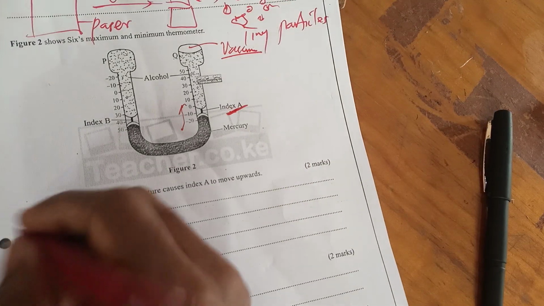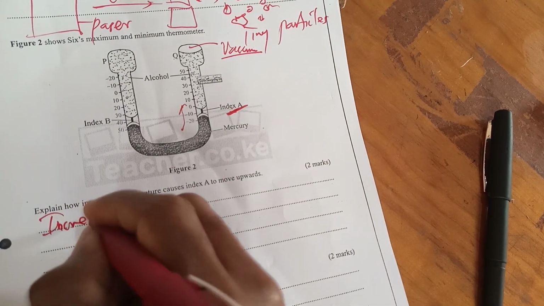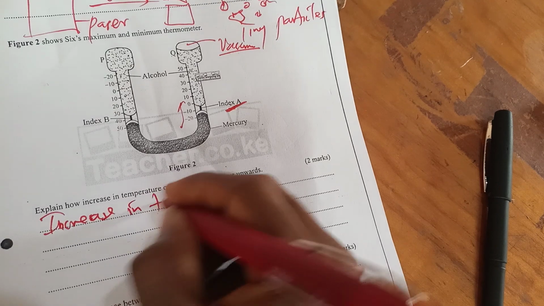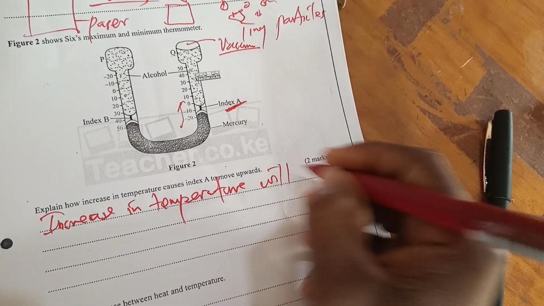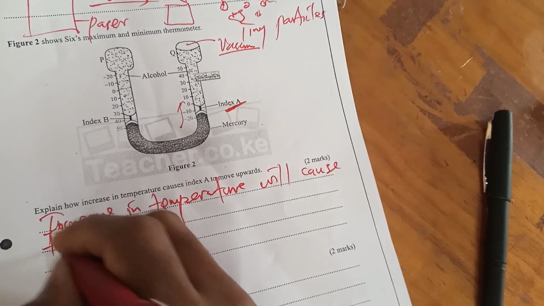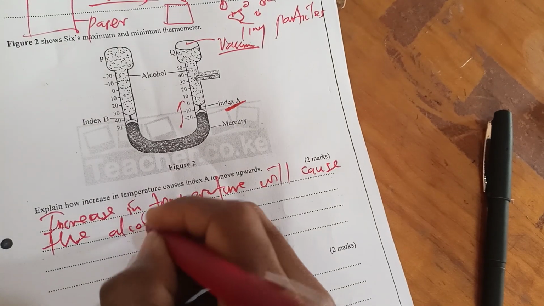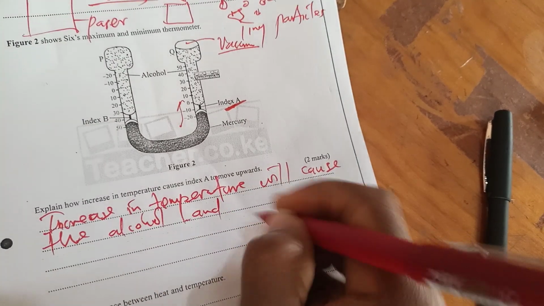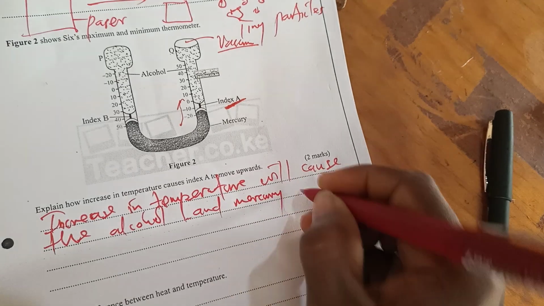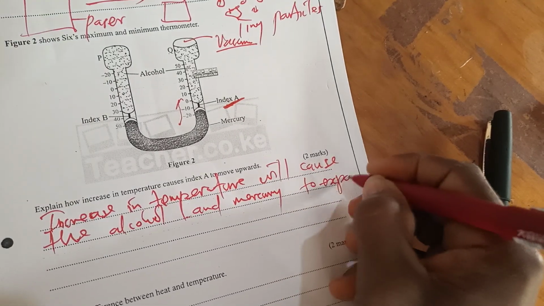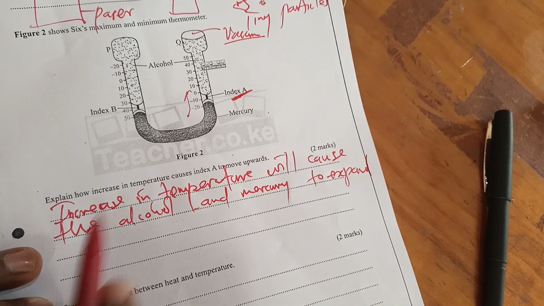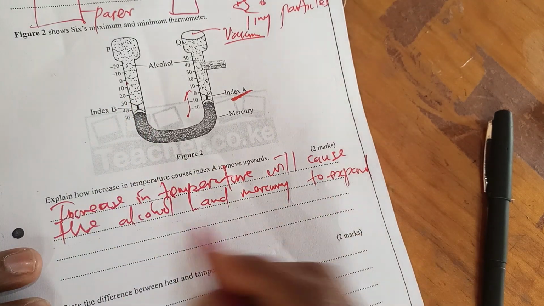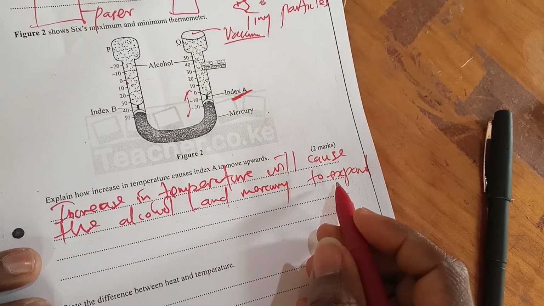So in this case, an increase in temperature will cause the alcohol and mercury to expand. That increase in temperature will cause the alcohol and mercury to absorb energy and expand.